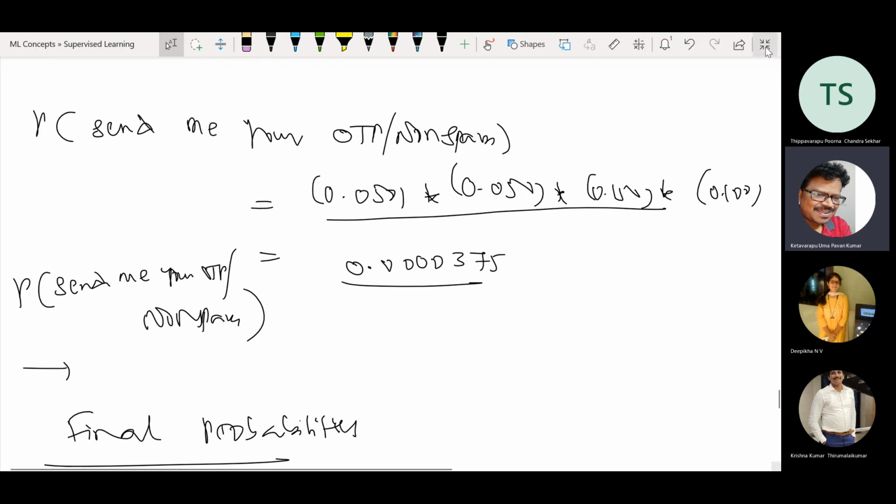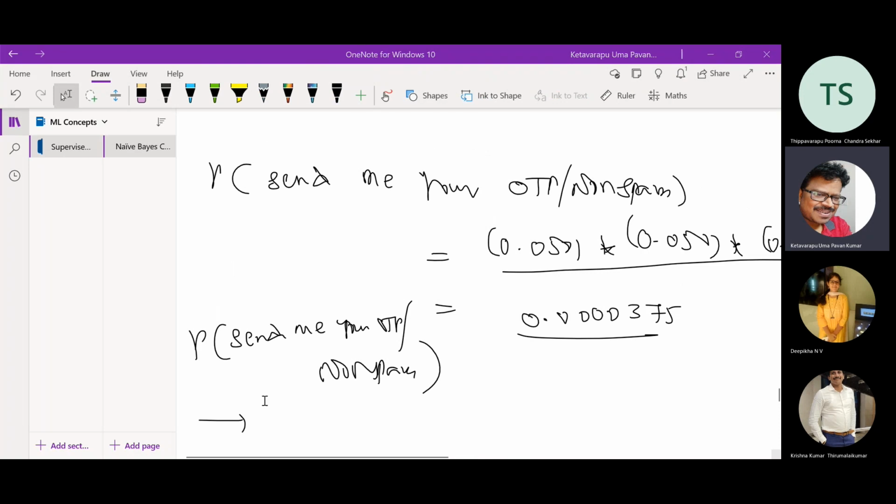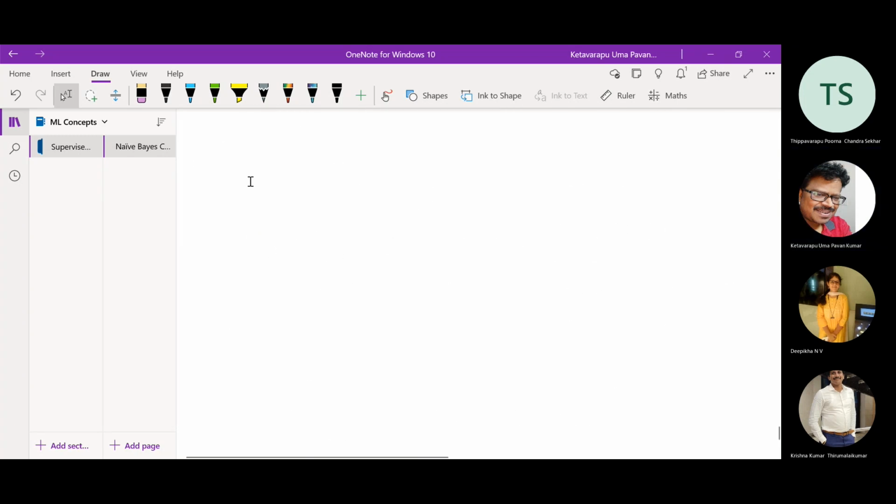Naive Bayes also has some applications, friends. Let me pull up some of them, and in between you can ask me any doubts. It is very important for us to understand the advantages, drawbacks and applications. Let me pull those points here.